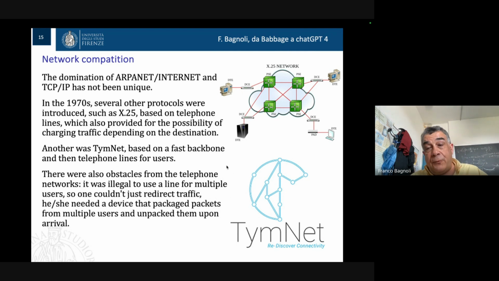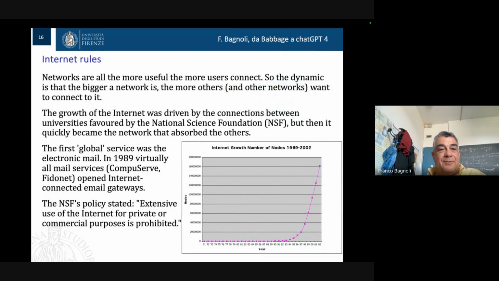But if you had a device that multiplexed several connections into one line, one channel, and another one at the other end which demultiplexed this traffic, this was allowed. So this is essentially how software and hardware started to be sold.